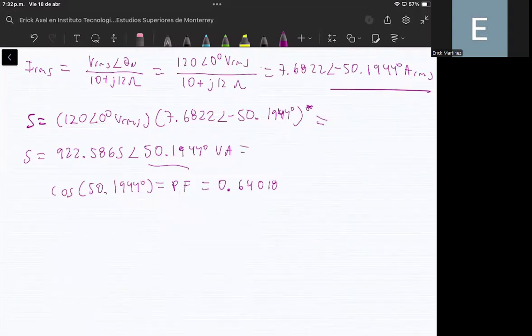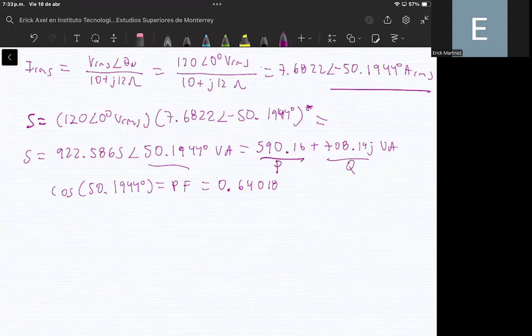So this is 590.16 plus 780.19j volt amperes. The real part of the complex power in rectangular form is the real power, and the imaginary part is the reactive power.